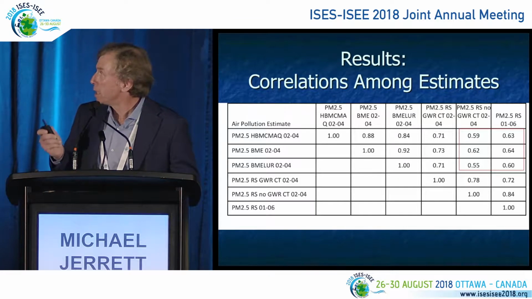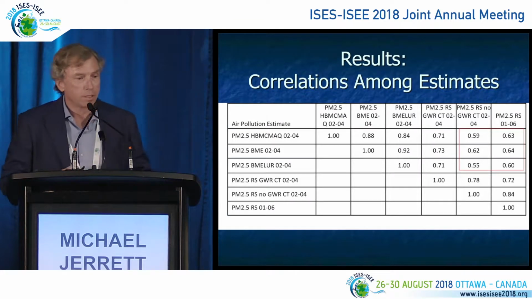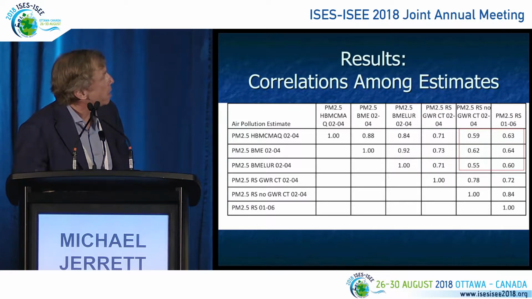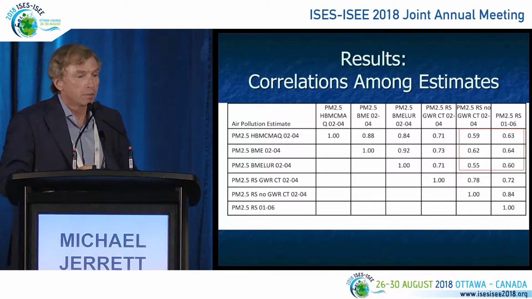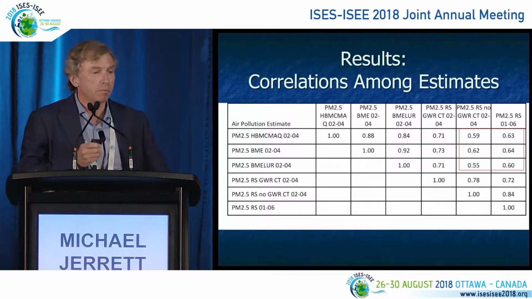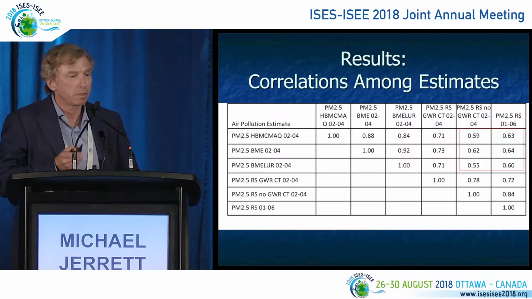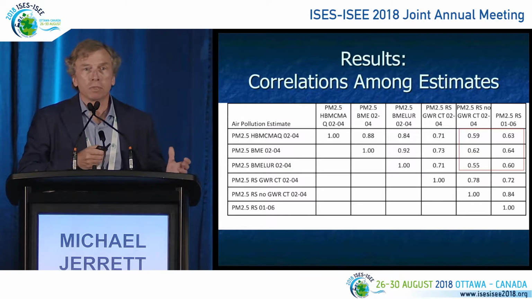So the first thing I want to point out when we look at the results is that if you look in that top right corner for you, you'll see that these are the correlations that we get with models that have ground data versus remote sensing models with no ground data. And you can see, compared to all of the other models where there's some ground data, the correlation really drops off.